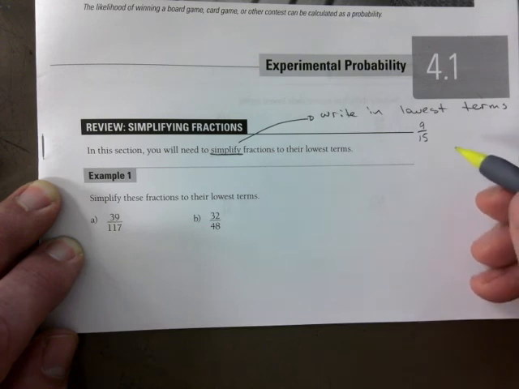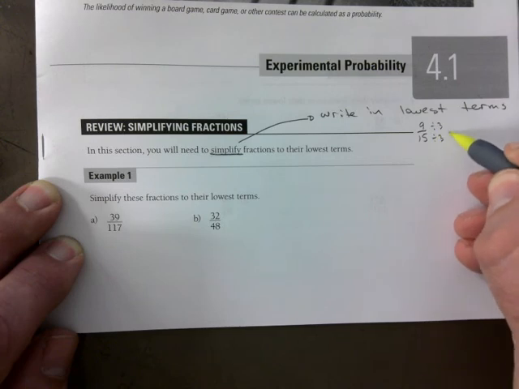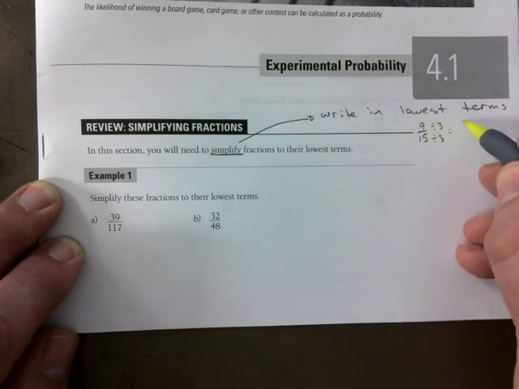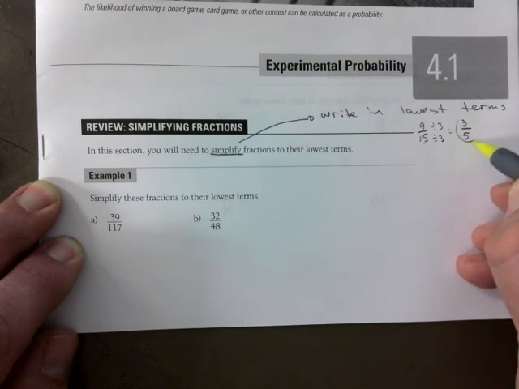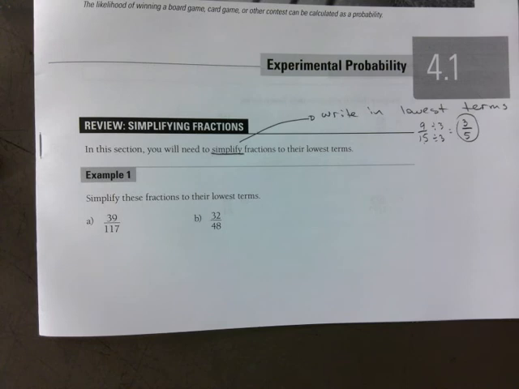That's not lowest terms because you can divide both of them by 3. So you get 9 divided by 3 is 3, 15 divided by 3 is 5. That would be writing the fraction in lowest terms. You need to be able to divide both of them by the same number, and then you possibly arrive to the lowest possible term. Okay, that's what it means.